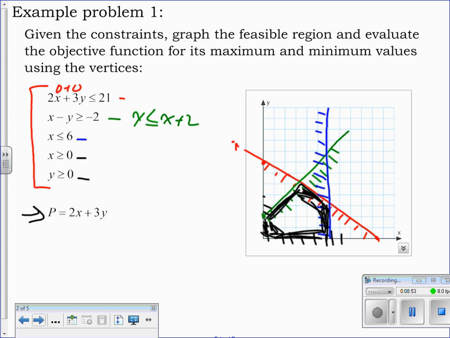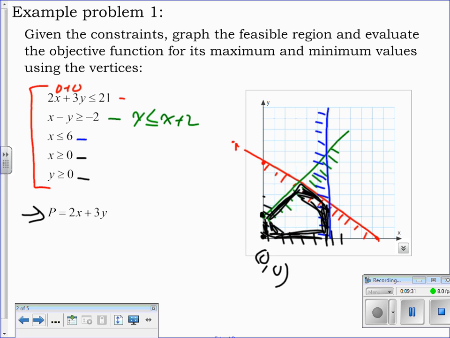So what I have to do is find the x's and y's to put into here. Those x and y's that I plug into here are the coordinates of my vertices. So right here, this is one of my vertices. Every corner. 0, 0 is one of my vertices. It's one of my possible max or mins. I don't know if it's maximum or minimum. I will have to try all of them.